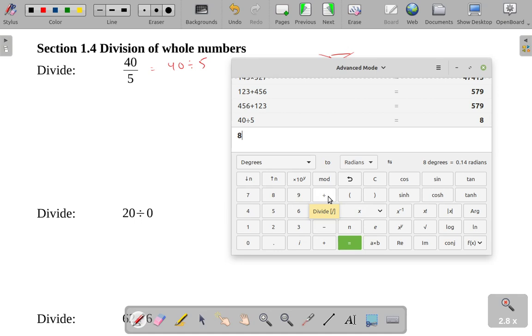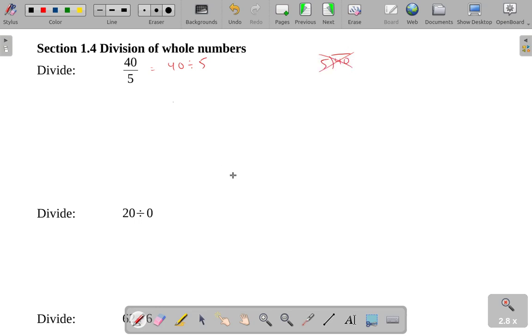On your keyboard, it's probably to the right of your period key, your decimal point. It's that normal slash. I guess you can't see what I'm typing. All right, so 40 divided by 5 looks like that. This would not work with a backslash like that. This is the other slash on your keyboard, the one above your enter key. That one means something else, and it doesn't mean anything really there.